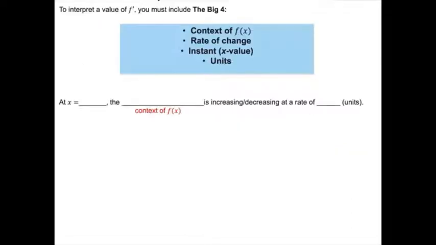We also learned a really good way to justify with what we call a sentence frame. I really like this sentence frame because it includes all 4 pieces of information that you need for the AP exam to get full points. I think it's really important that you have it written down or keep it handy.